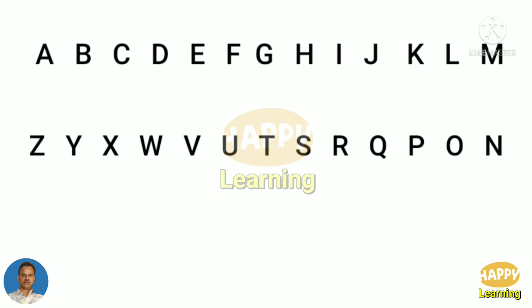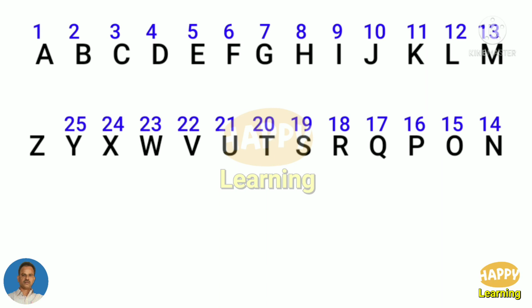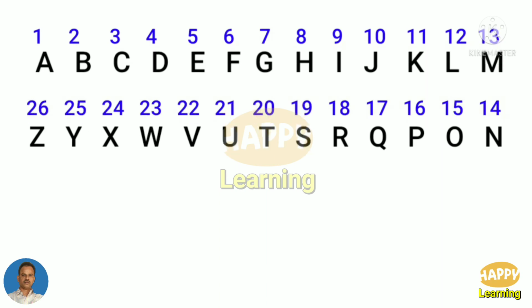Now A is coded as 1, B as 2, C as 3, D is coded as 4 and so on. M is coded as 13, N is coded as 14 and so on. Z is coded as 26.